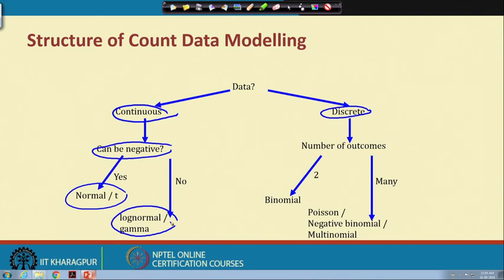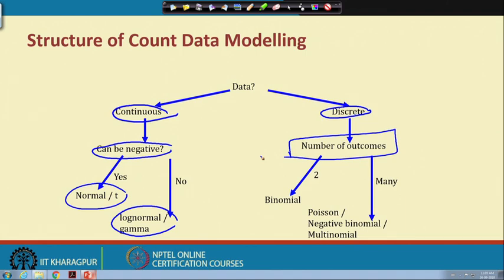On the other side, we have discrete structure, depending on the number of outcomes. If it is 2, we call it binomial, and if it is many, it is called Poisson, negative binomial or multinomial. That is a typical structure of count data modeling.